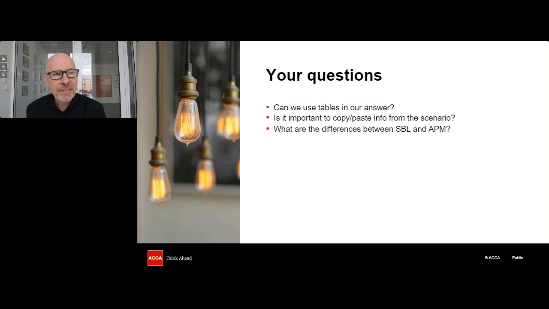Guys, this is a problem. Many of the models, many of the tools overlap between the two papers. In SBL, you are doing business analysis. You are evaluating strategies.